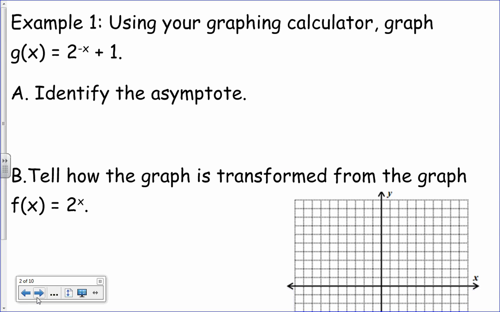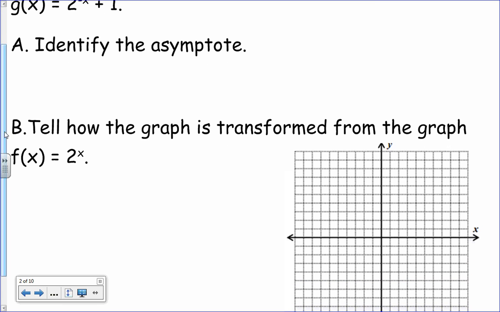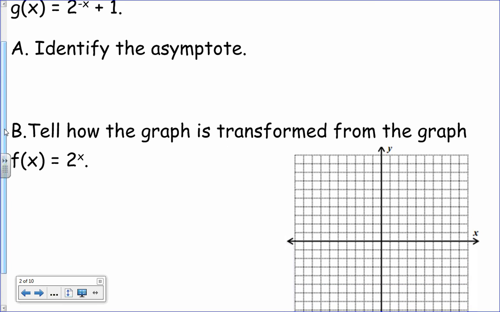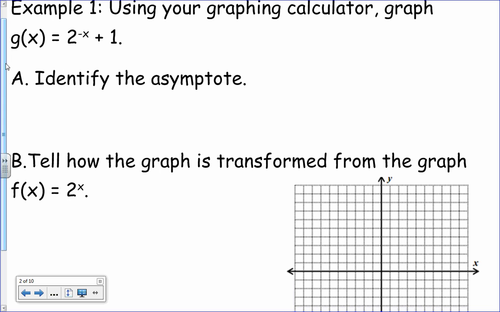Now, example 1 says, using your graphing calculator, graph the function that's given. Before we do that, I want to make sure that we can see the comparison. So we're going to go ahead and type g of x into y1. Go to your calculator, go to y1.